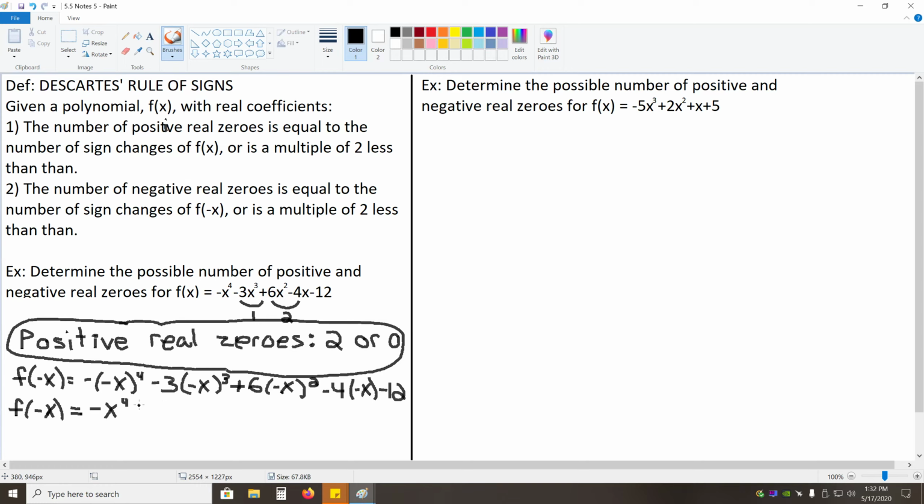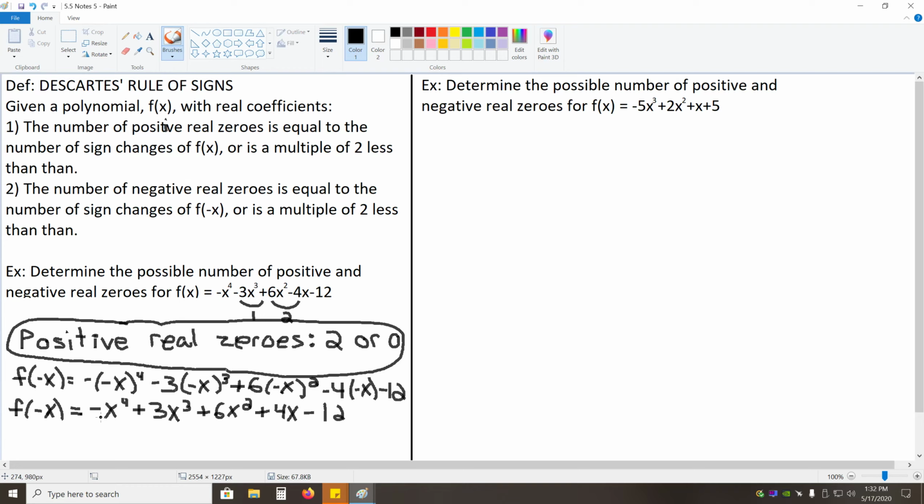That's an even number, so it'll be positive 3x to the 3rd. Here there is 1 positive and 2 negatives. That's an even number, so it'll be positive 6x squared. Here there are 2 negatives. It'll be positive 4x. And finally, negative 12 will stay negative.